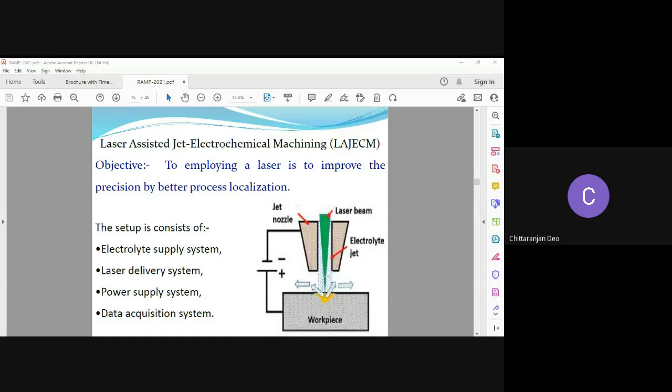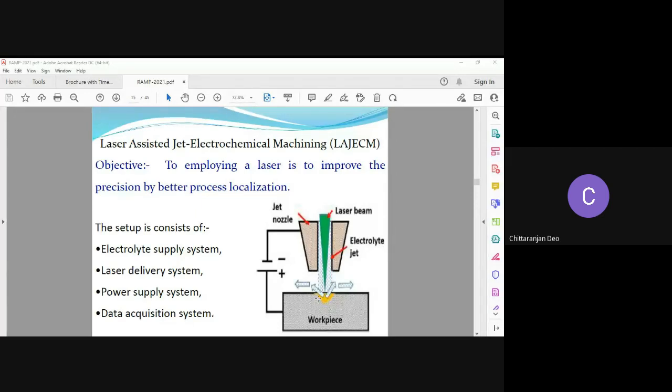The low power laser beam, with power in the order of 375, causes thermal activation of the outer layer of the workpiece. The electrolyte jet causes the anodic dissolution, leading to faster material removal.